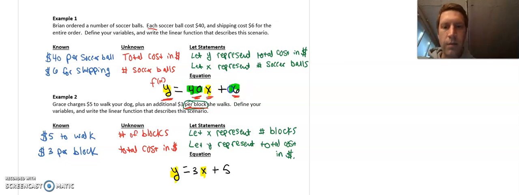The starting value should also be inside the context of the problem. So you're always going to have y and x remain as y and x. Again, y could be changed to f of x if you wanted it to. But those other two values, your rate of change, your m, and your starting value, which is b, you should plug in numbers for to develop your equation or your function.